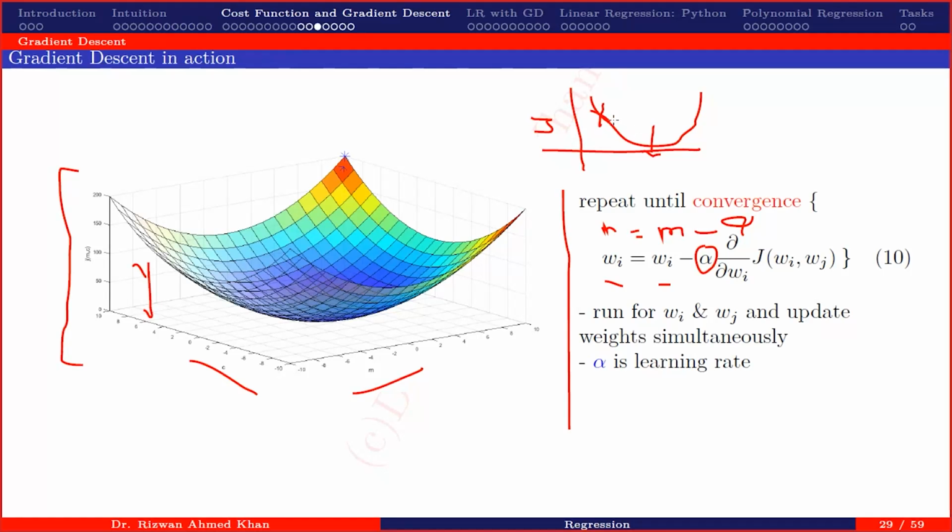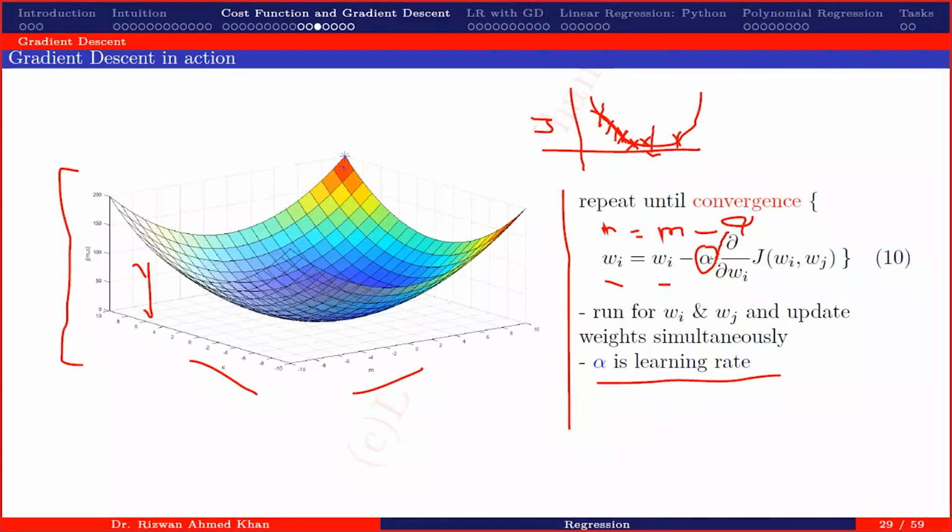If alpha is too big, maybe the next step would take the algorithm over here, and then it will overshoot. But if alpha is very small, it will take a lot of iterations. It will keep on moving on this line slowly, and it will take maybe thousands of iterations to reach this minimum value. So alpha is the step size, or it dictates to the algorithm how big the step should be. So this is the learning rate alpha.